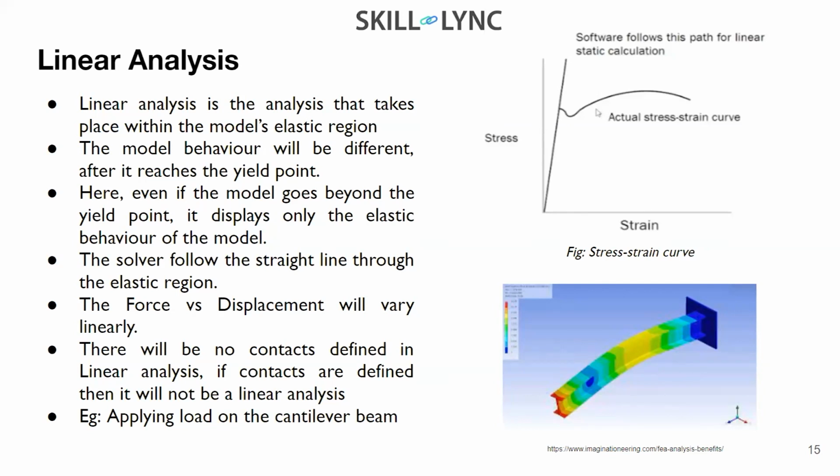But you have to understand that if you are pretty sure that the amount of load you are applying, depending upon the material parameters of the cantilever, will keep it under the elastic zone, then you should go for a linear study.